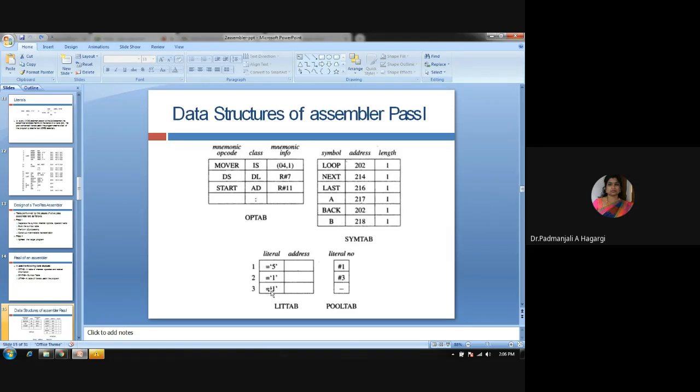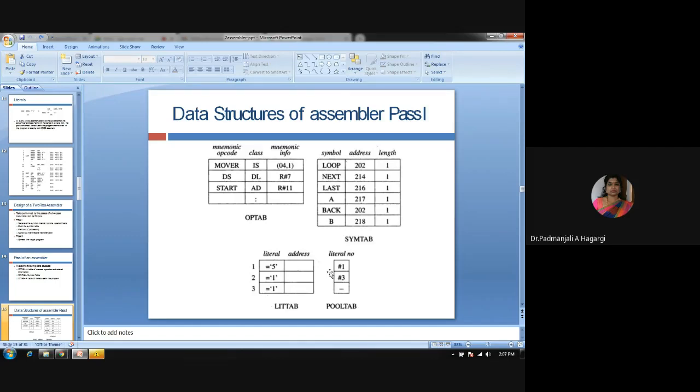So at the value, this is the third literal, number 3. But the pool, the second pool or the second literal pool, is started at number 3. Therefore it is hash 3.